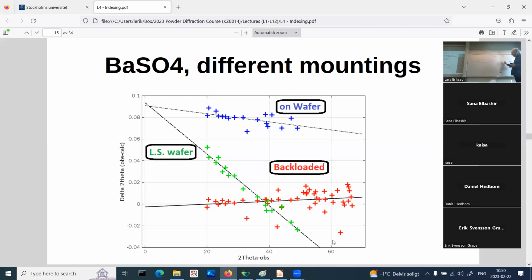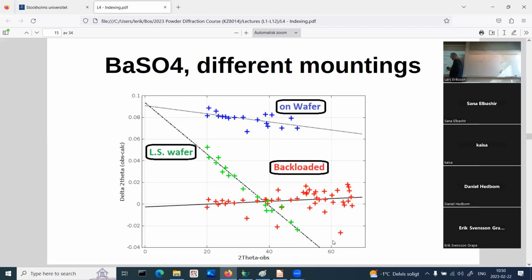They were filling up a small cavity, and then maybe with a sample holder upside down, backloading, filling up. So the correct position is here, and the surface of the sample is also well in line with the correct position, and with the back loaded holder, we got the red position.